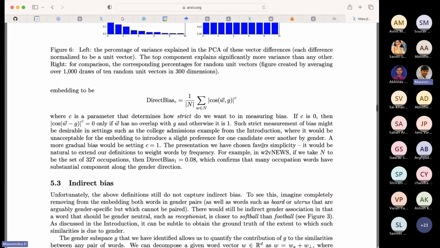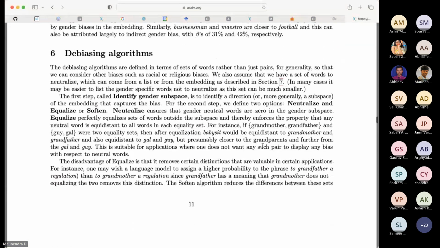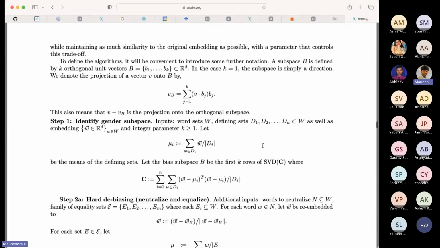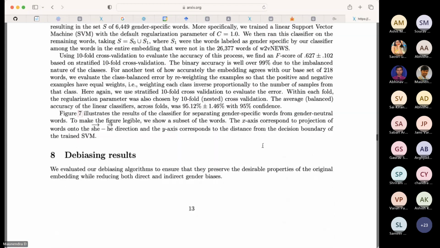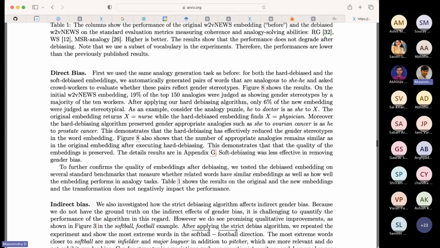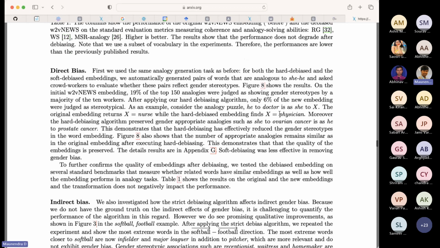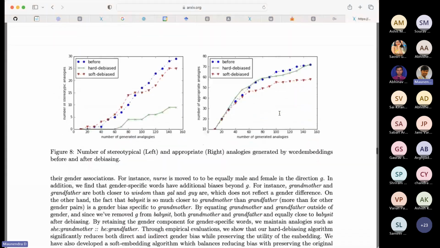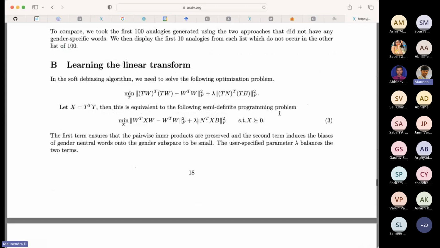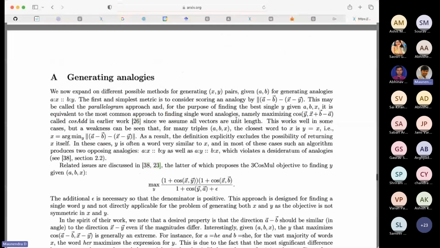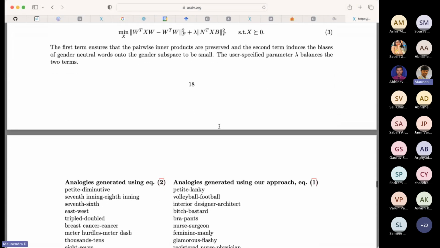This is another version of that same paper, which is a little more detailed in places. Here they have results on direct bias, indirect bias, and some discussion, and the appendix, which is mathematically a bit involved towards the end.